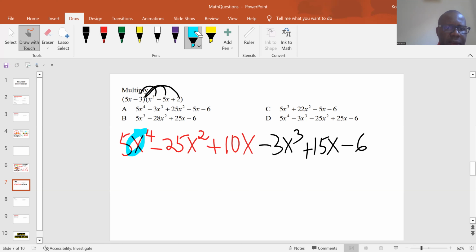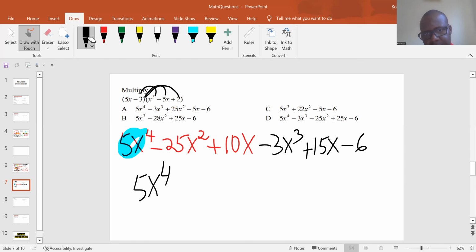Okay, let's combine the terms. We have a 5x to the 4th power, the only thing we have with the 4th power. So we write 5x to the 4th power. Now, x to the 3rd power, we have this one here, and that's the only thing we have with the 3rd power.